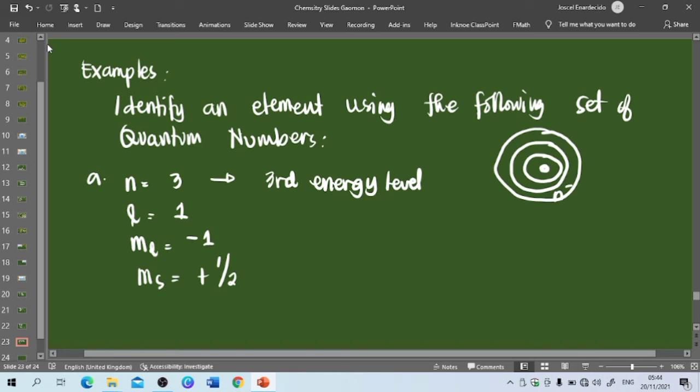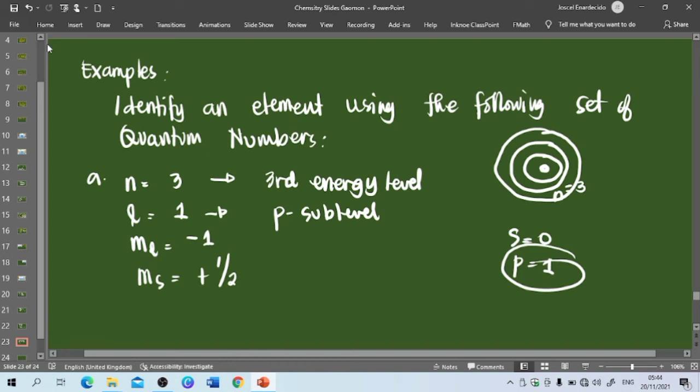Now, its angular momentum is 1. If we can still remember, the angular momentum for S is 0, for P equals 1. So therefore, the angular momentum is 1, meaning to say the electrons are found in the P sublevel, particularly in the -1 orbital.